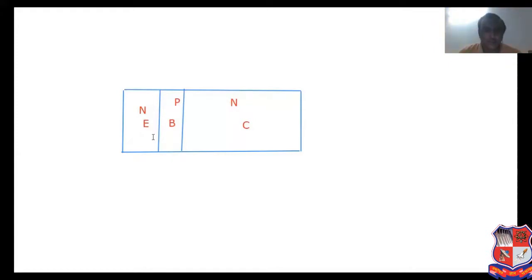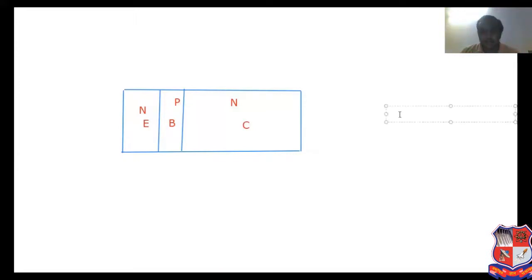Now, see this PN junction. It is equivalent to a back-to-back PN junction diode, but it is not equal to a back-to-back PN junction diode because here doping is different.